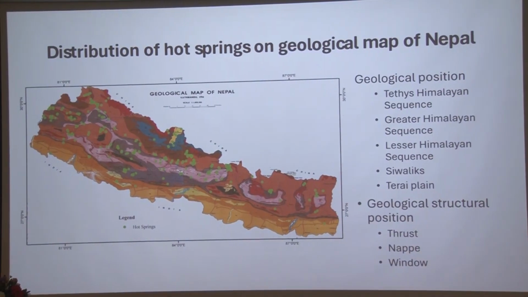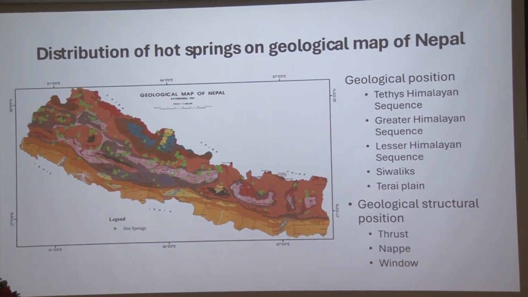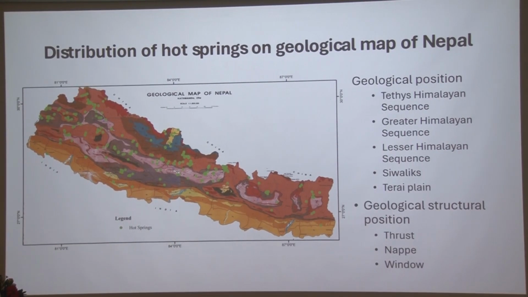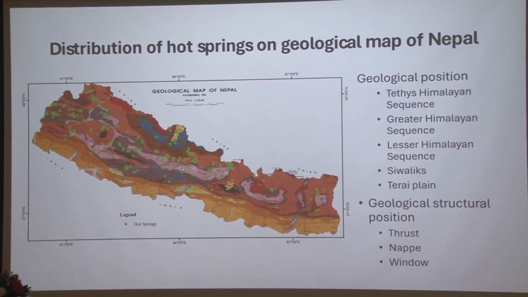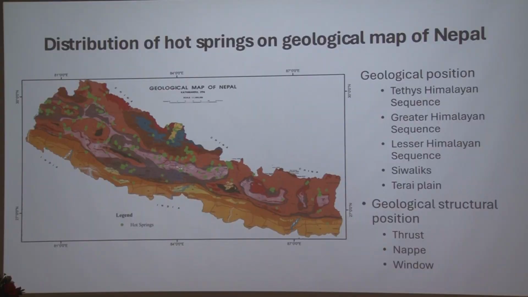Then there are some hot springs in the nappe and klippe area in the southern, western part of the Himalaya, and several hot springs in the Higher Himalayan zone. A few hot springs are reported from the Tethys sedimentary sequence and gravel deposits.